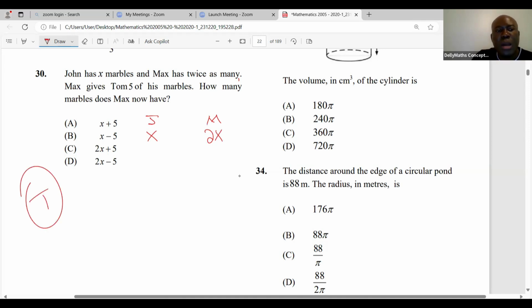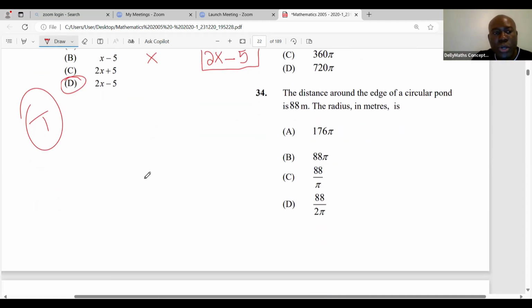Max gave Tom 5 of his. When you give, you subtract. So how many marbles does Max now have? You would say 2x, and you take away 5 from it. You're looking for that, and here it is. So it's about making sure that you understand what they're asking for before you go.